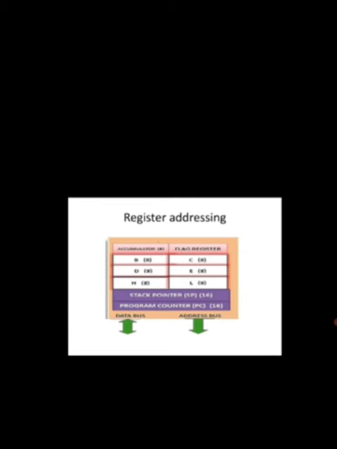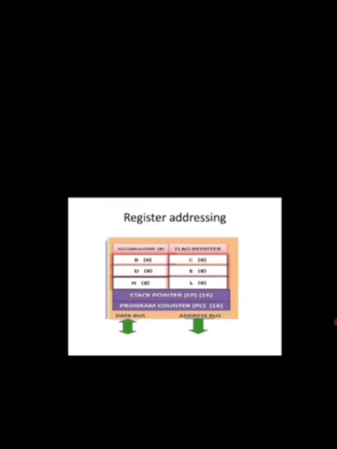The next is the stack pointer. The stack pointer is 16-bit and is used to store the address of a memory called the stack. The next is the instruction register. The instruction register is 8-bit. The first byte of the instruction is loaded in this register.